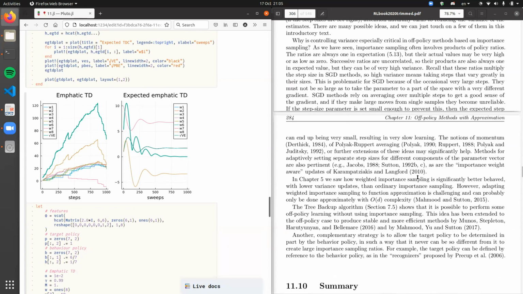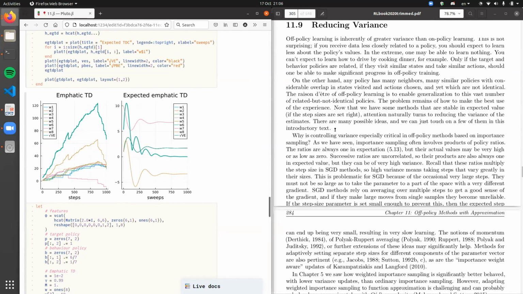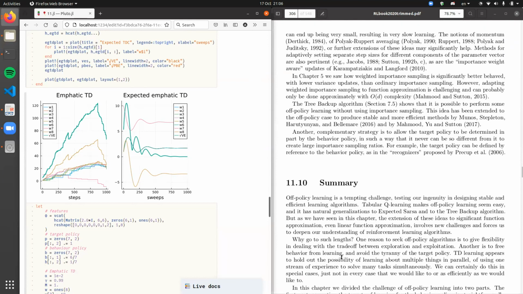They mention weighted importance sampling here, and again mention that adapting this to function approximation is challenging, but there are some works on it. If you want to learn about ways to reduce variance, I believe that is a topic of ongoing research, and maybe we can check out some papers on it if we face this problem further down.